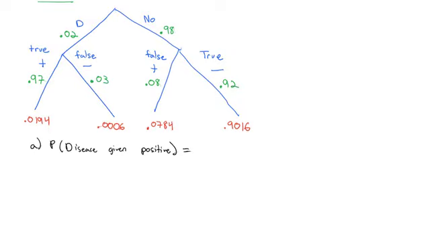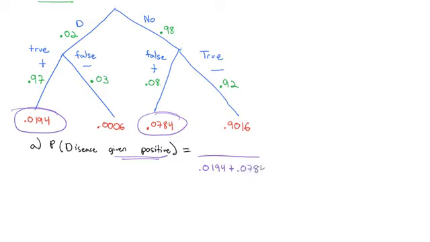Well, with Bayes' theorem, we look at the given positive and focus our attention on the given positives. Where are the positive test results? There's a positive test result on the left, and also the third branch represents a positive test result. That's your given. That goes in the denominator, 0.0194 plus 0.0784. We want to know who has the disease.